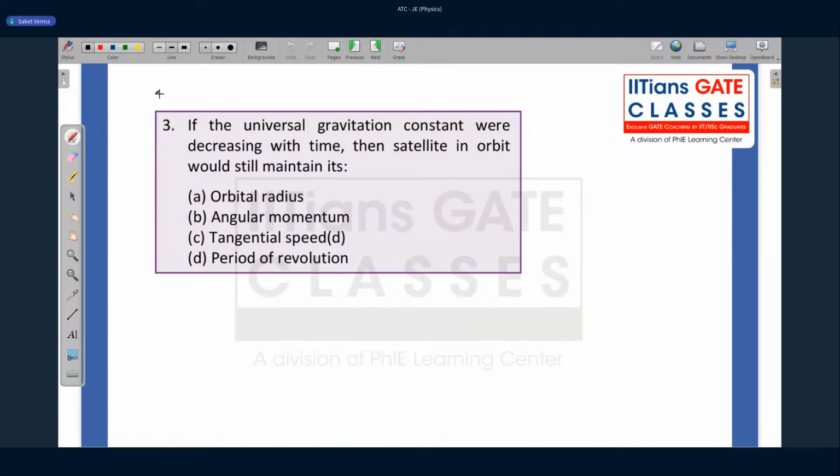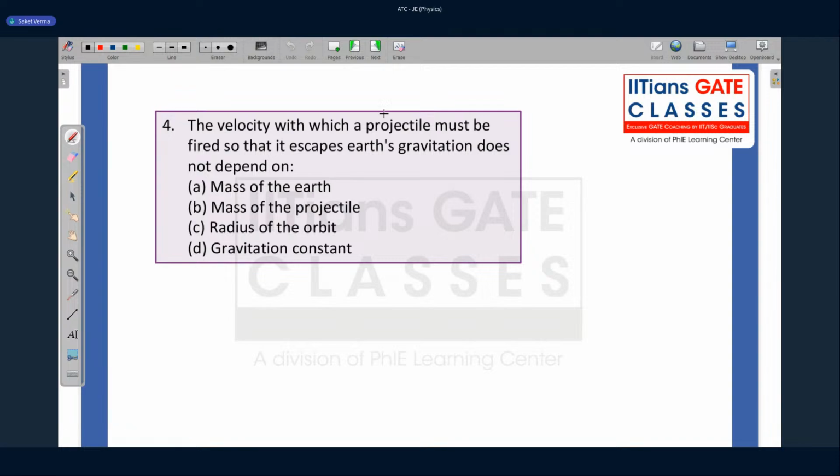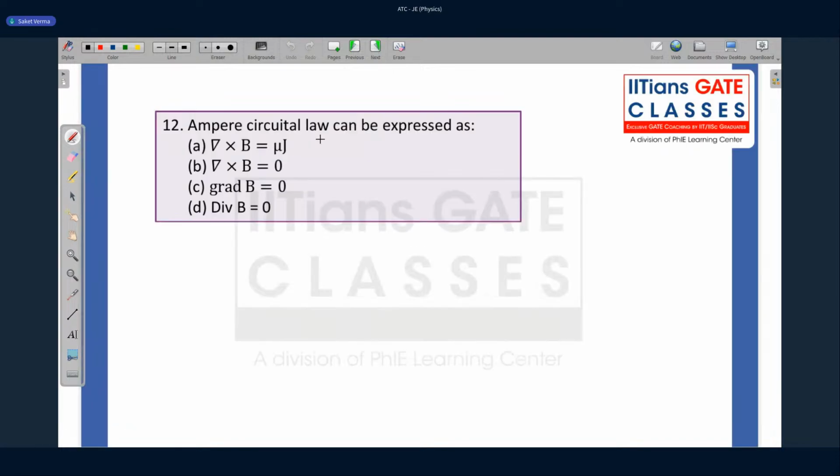Now this is the question from gravitation. When we discuss gravitation, we will talk about this. This is also gravitation. Now what will be the answer of this question? Ampere circuital law, because this is a basic Maxwell equation, so I would like to answer here. What is the Ampere circuital law out of this?